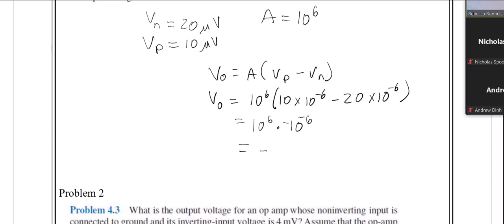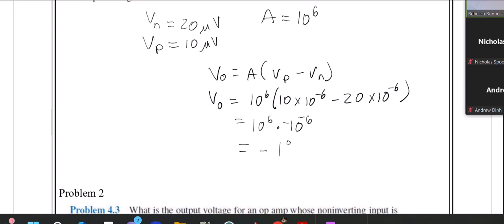Well, that's what I would think, it should be negative 1 to the 0, right? Am I crazy? Did I do something wrong? Yeah, I'm looking at the solutions, and the solution is saying negative 10.